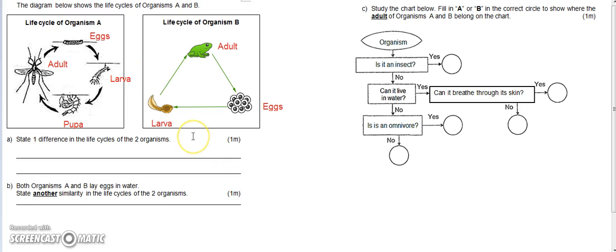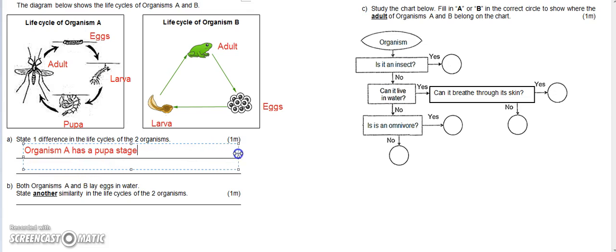State 1 difference in the life cycle of the 2 organisms. We can say quite easily that organism A has a pupa stage, right?